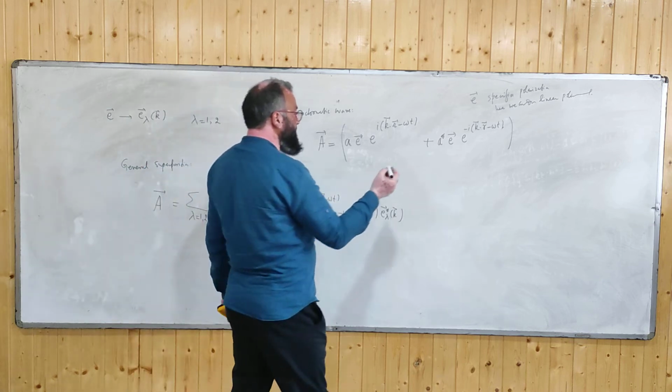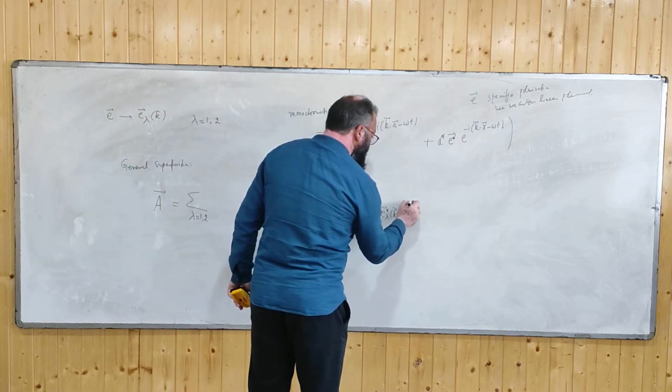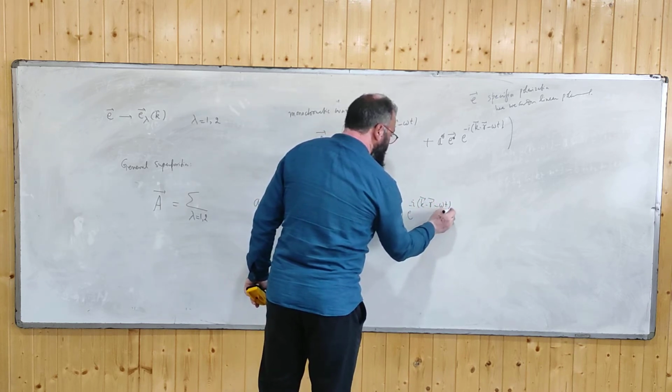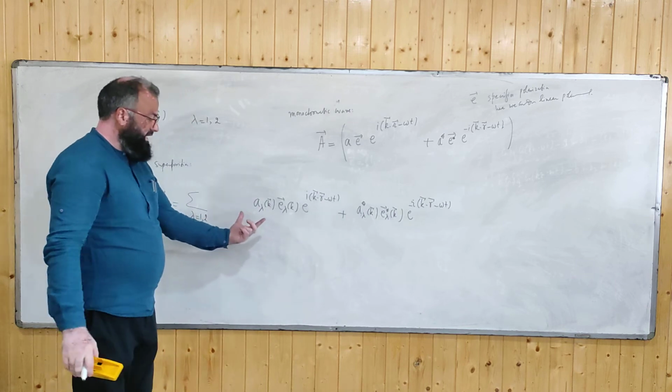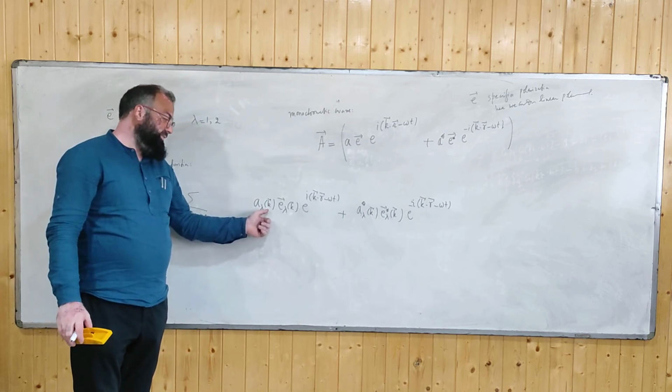So that's why you should put actually a complex conjugate. That's it. So this is a wave corresponding to the lambda polarization and the k-th vector.